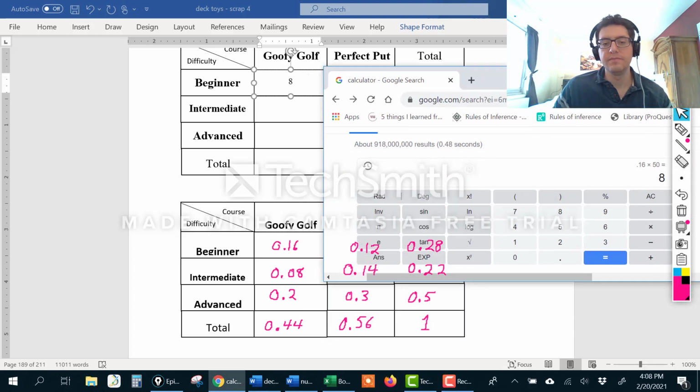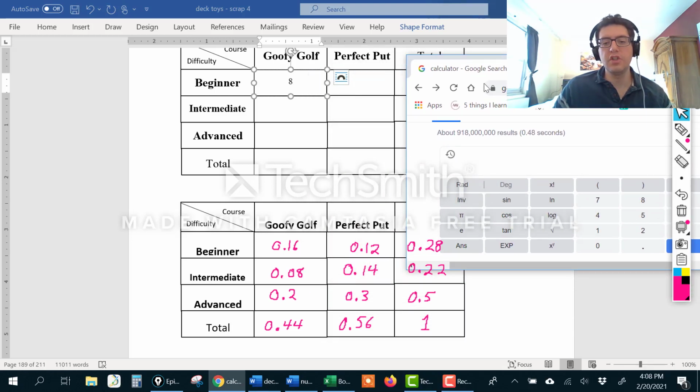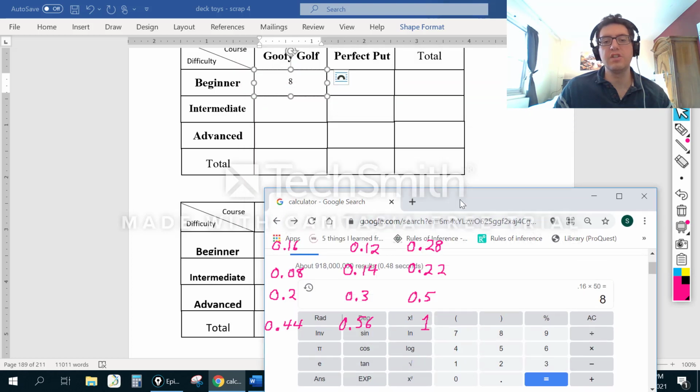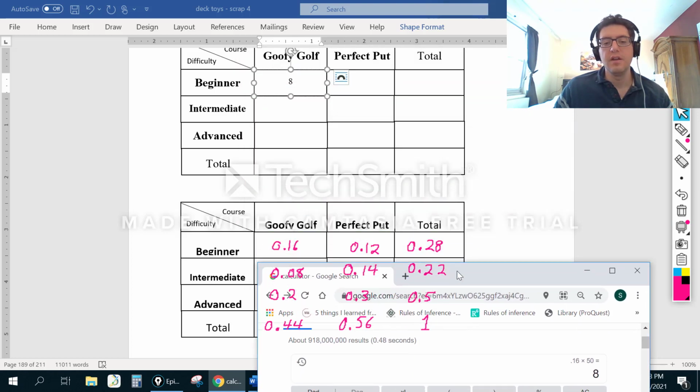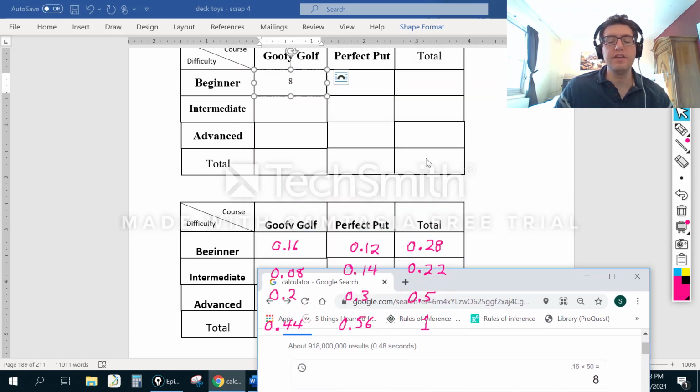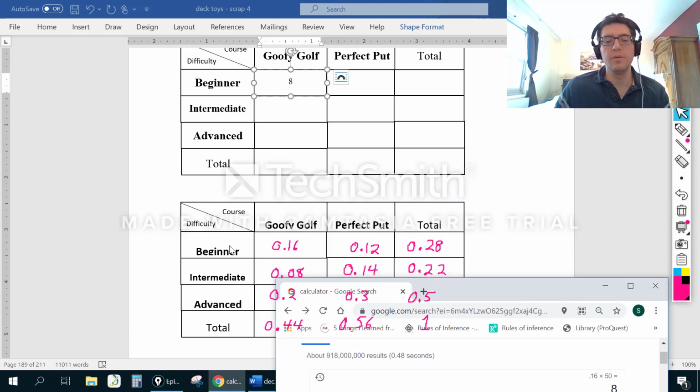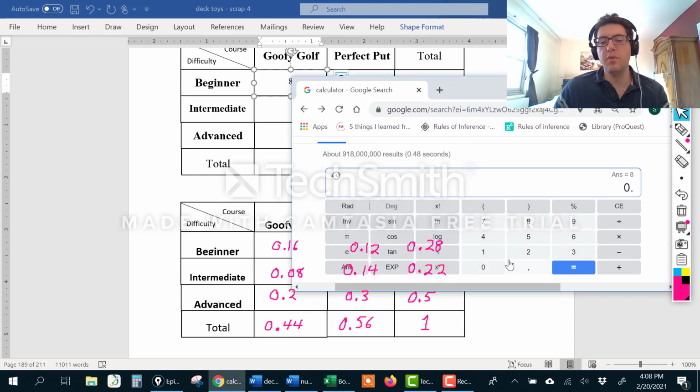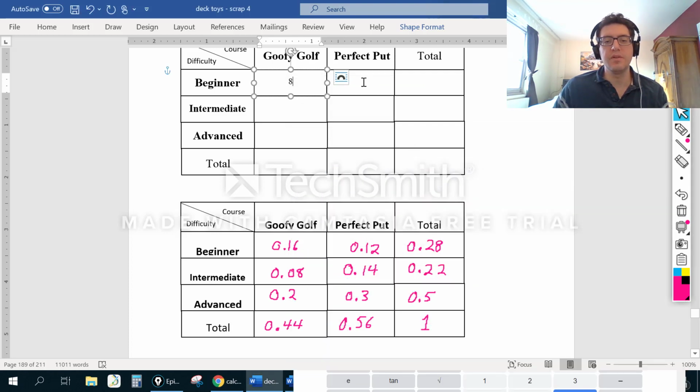If we do 0.12 times the grand total, which was 50, so 12% of the 50 holes altogether were beginner holes at the Perfect Putt golf course, 0.12 times 50 is equal to 6, which is the number that we had earlier.